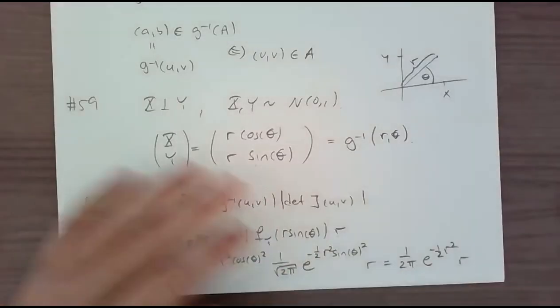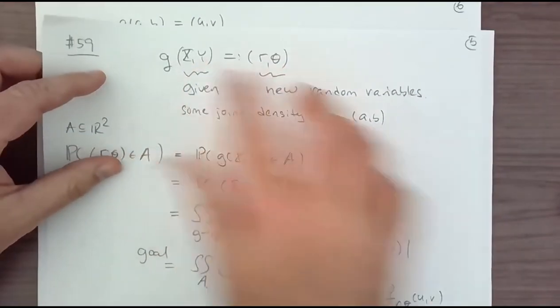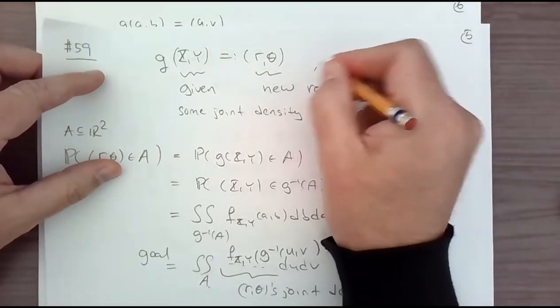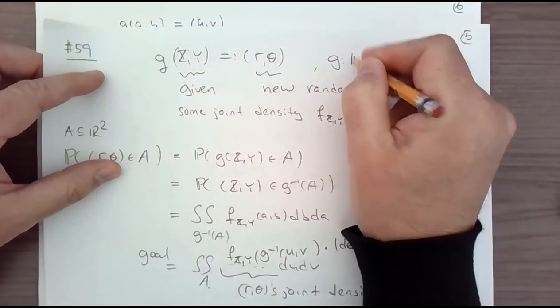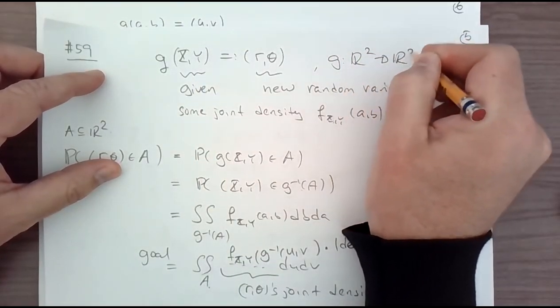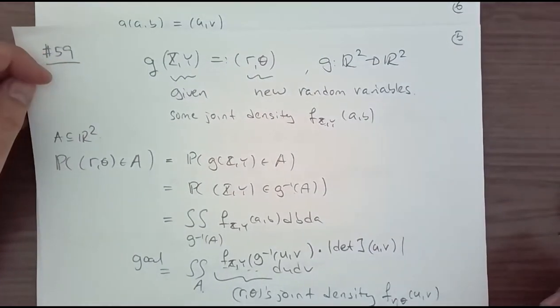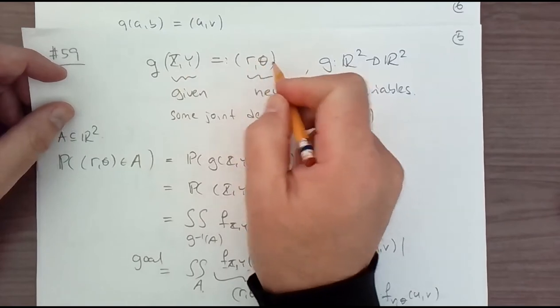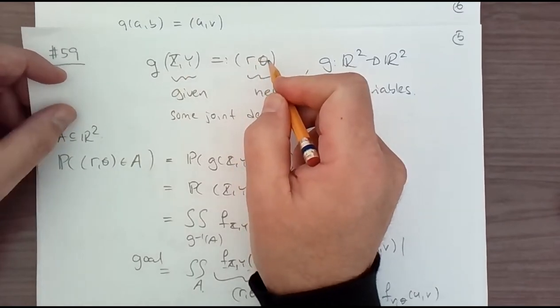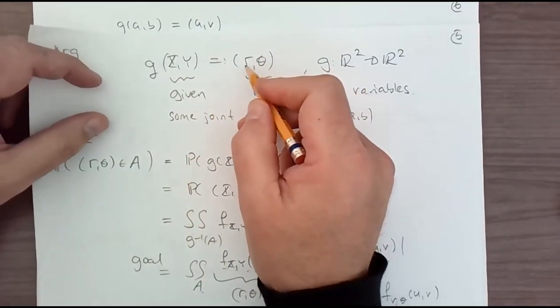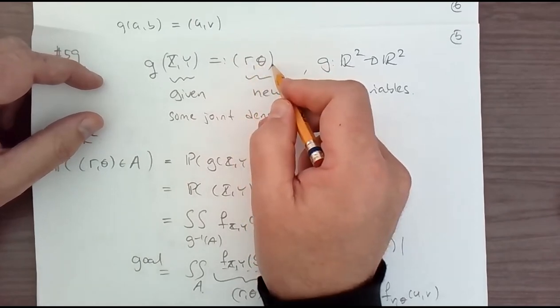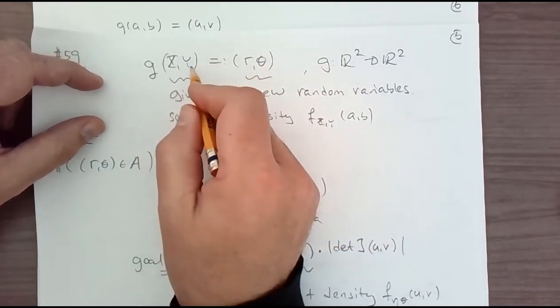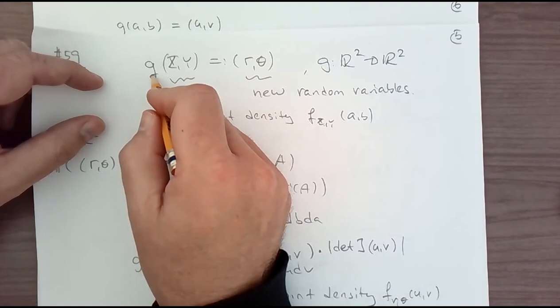And then you would have had to do the Jacobian again. The Jacobian comes when you're transforming a two-dimensional object into a two-dimensional object. That G here goes from R2 to R2. So you have two random variables to begin with, you create two new random variables, and you want the density of that new pair in terms of the density of the old pair and the function you're using to transform it.